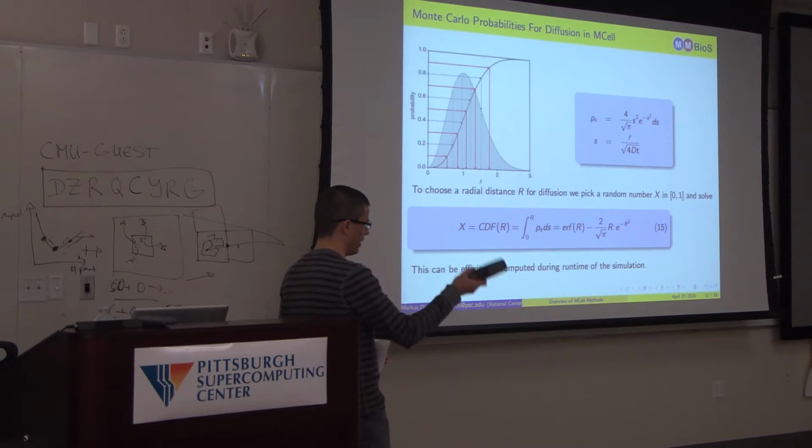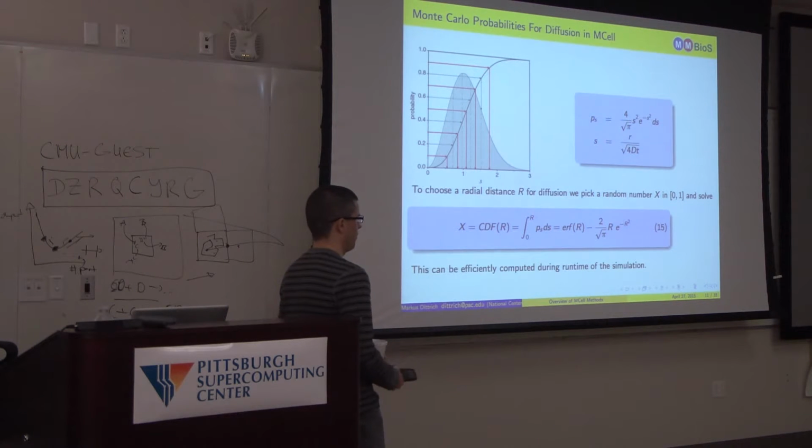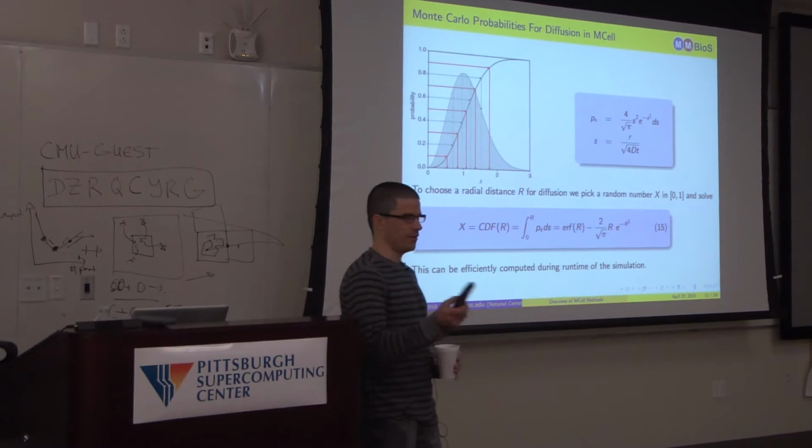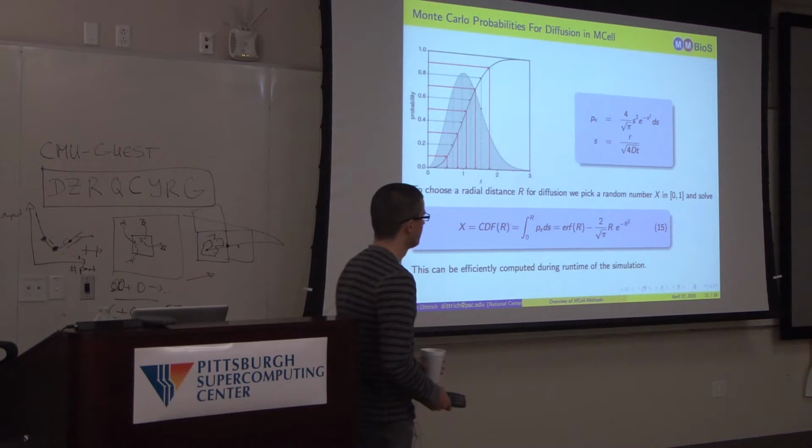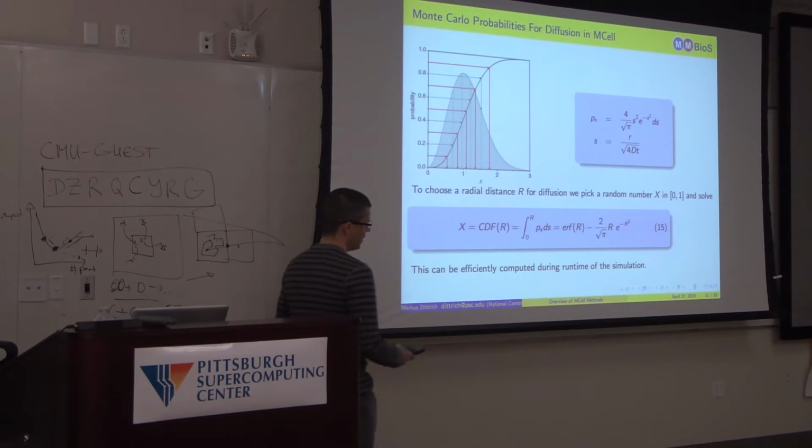And we assume it's a radially symmetric problem. So the direction of motion is just randomly picked over your 4 pi angle. So this is what's happening every time step for each molecule. Of course, the distance you step depends on your diffusion coefficient.